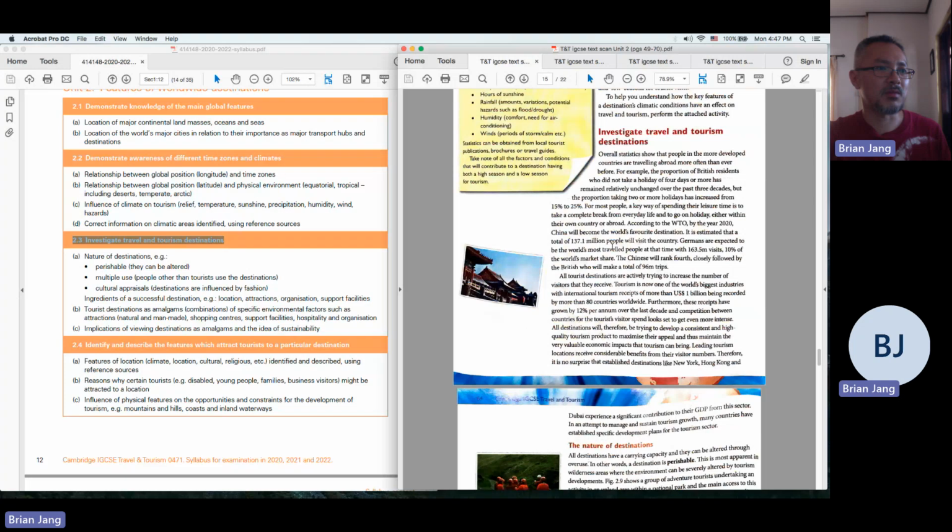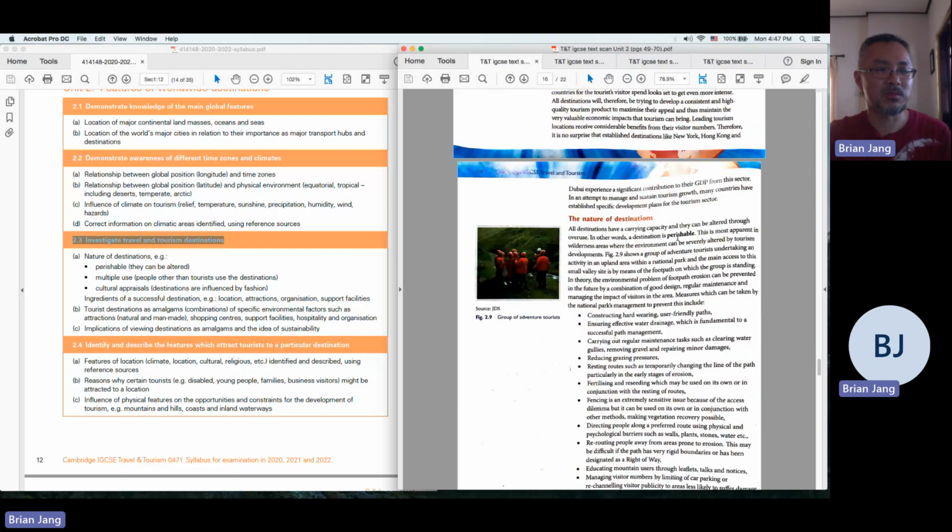The first word being perishable. What does perishable mean when it comes to a destination? It means that it doesn't stay forever. If you just left the destination to itself, untouched, then yeah, it'll go for a long time. But the reason why it's called a destination in the first place is because people like to go there.